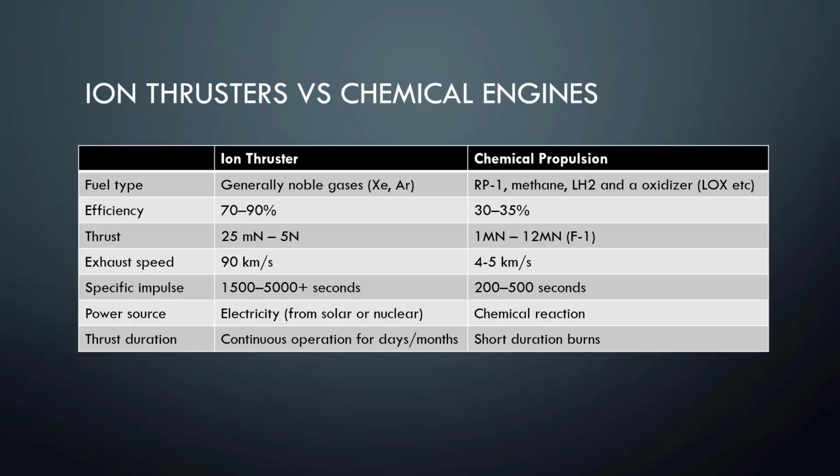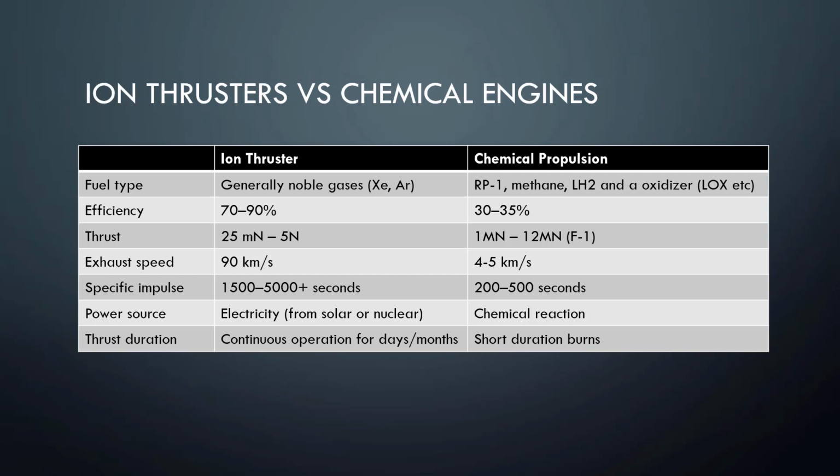Let's compare these engines. Ion thrusters generally use noble gases like xenon or argon, and chemical propulsion uses RP-1 rocket propellant, methane, or liquid hydrogen, with an oxidizer like liquid oxygen. The efficiency of ion thrusters is between 70 and 90%, which is really high, but in chemical engines it's 30 to 35%.